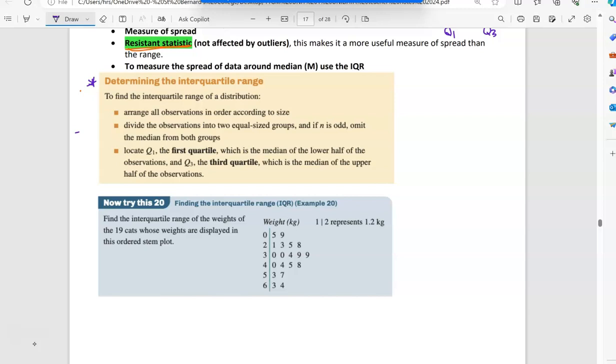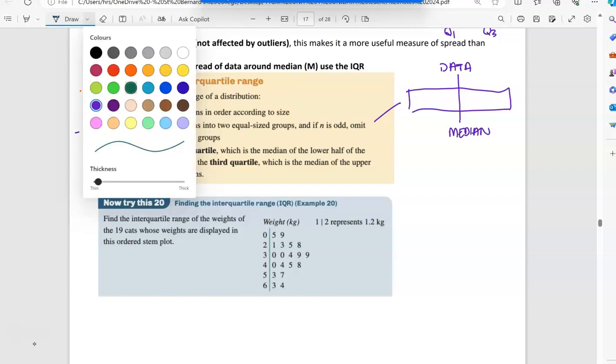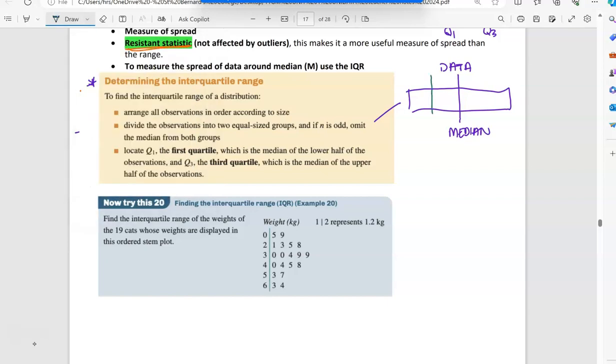If we divide the data in half, the middle number is the median. If you divide the first half in half, you get Q1, and if you divide the second half in half, that tells you what Q3 is.